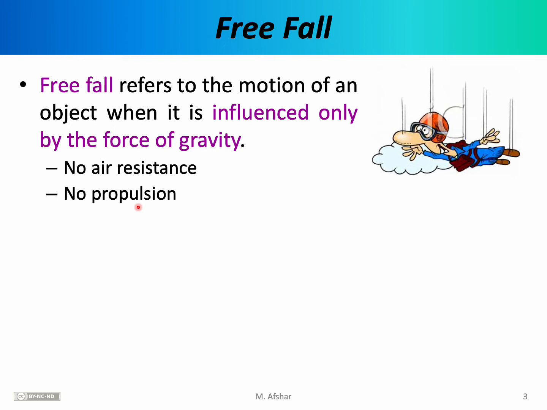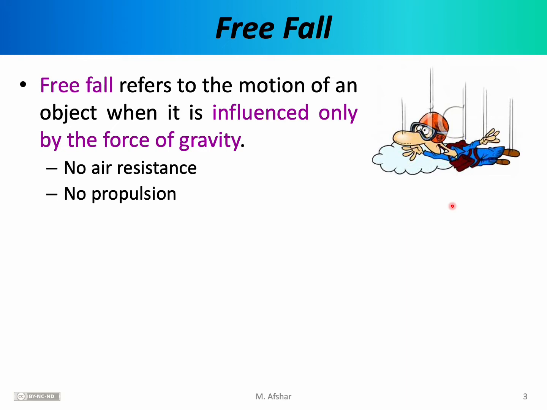On planet Earth, when most objects fall, technically they are not in free fall. For example, the skydiver jumping out of an airplane is experiencing some amount of air resistance, so technically the skydiver is not in free fall. However, it turns out when objects move relatively slowly, the effect of air resistance is negligible.